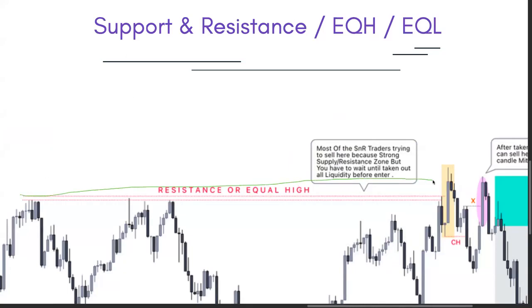And people continue buying and selling here. Some people sell because this is a resistance, and when you see it break this, a lot of people enter here for a buy. So technically this is a trap, right? Then what happens here? You have to wait for the liquidity to be taken out, wait for the choch, the inducement to be taken out, and then entry. Simple.